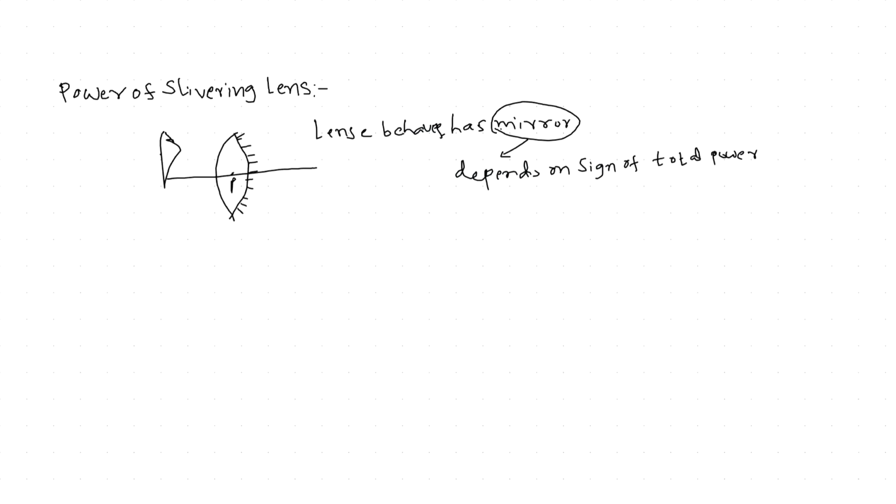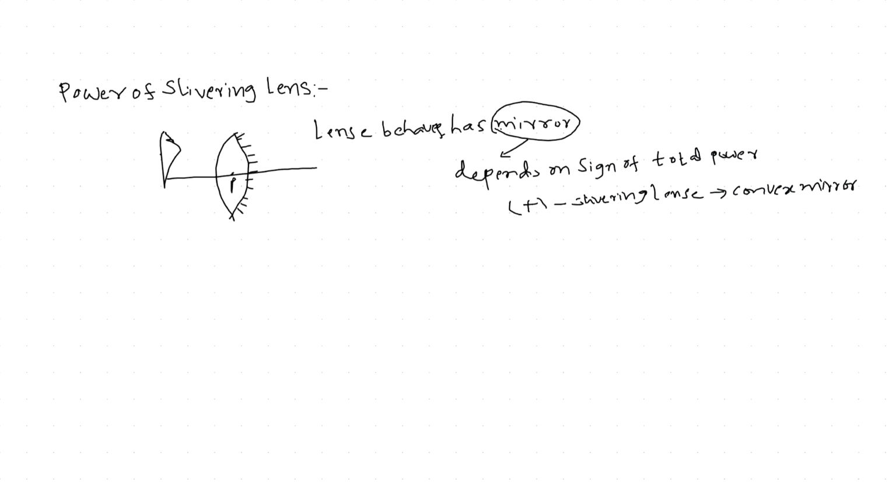So that is positive. The silvered lens behaves as a convex mirror. Note this point. The power is positive.